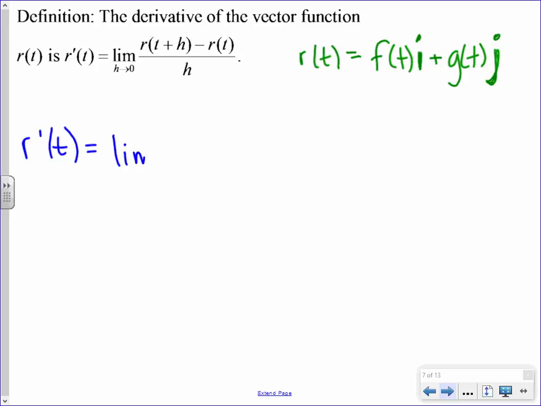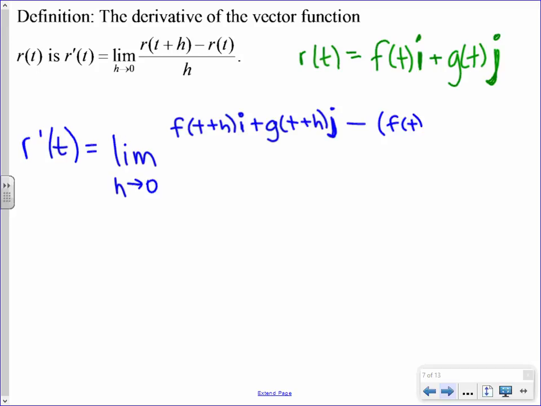Okay, so we have the limit as h approaches 0 of r of t plus h, which means we're plugging t plus h into our function, minus r of t, all over h.